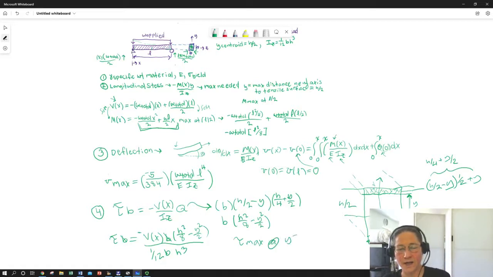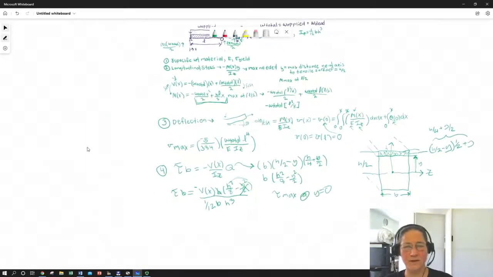So we're going to get a tau max at y equals 0. Basically this term is going to be a maximum when y goes to 0.